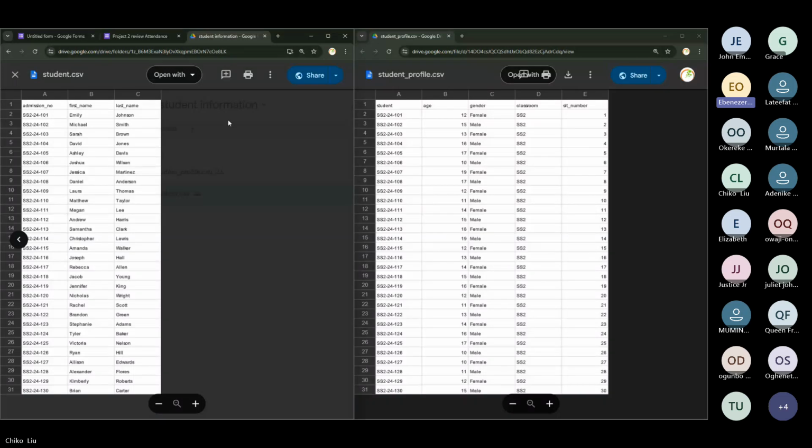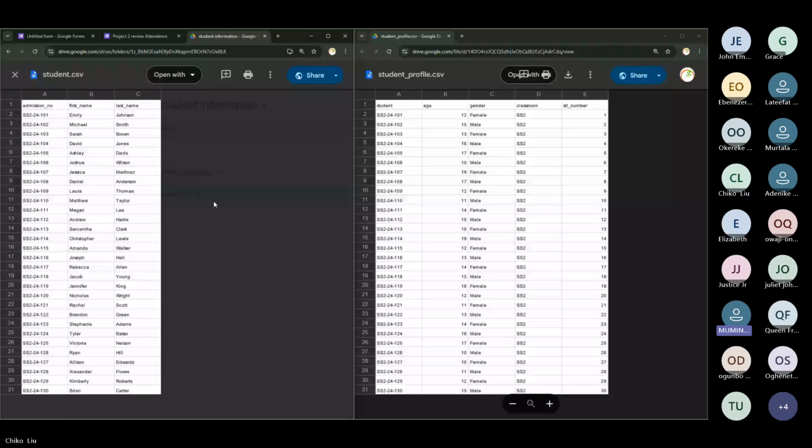But in the left table, admission number will be the primary key. Who wants to try next? Admission number in the left is a foreign key. Why is student the primary key in the right table? That's serious. Who wants to go next?